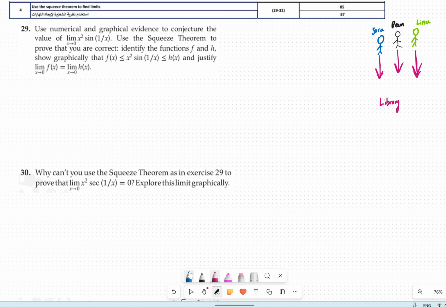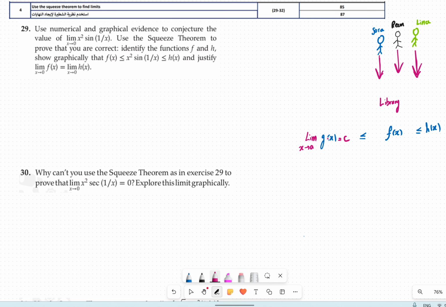So, the squeeze theorem says if I have a function called f of x, I know for a fact that f of x is always between two other functions called g and h. It is always between them, no matter what. Then I tell you that the limit of g as x goes to a is equal to c.